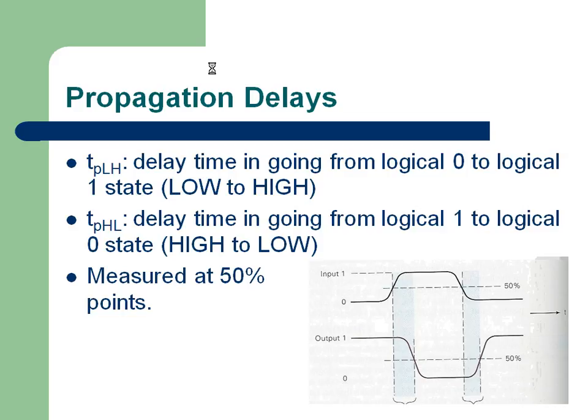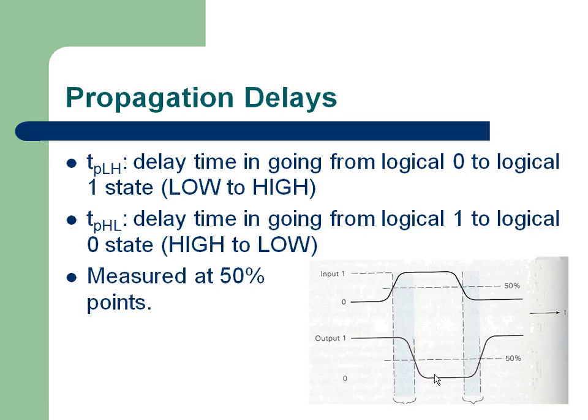When output is going from low to high, it is called TPLH. If this is input and this is output, this one is TPLH, the propagation delay from low to high. And TPHL is this delay when the output is going from high to low. They also need not be the same.